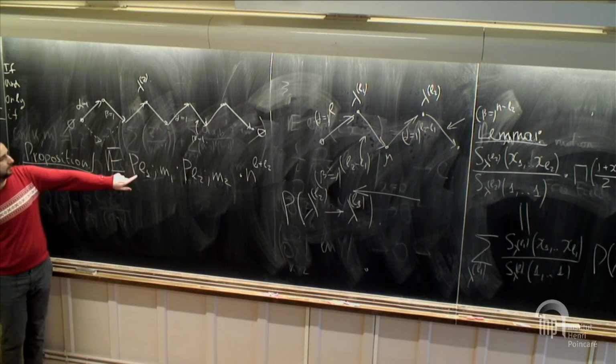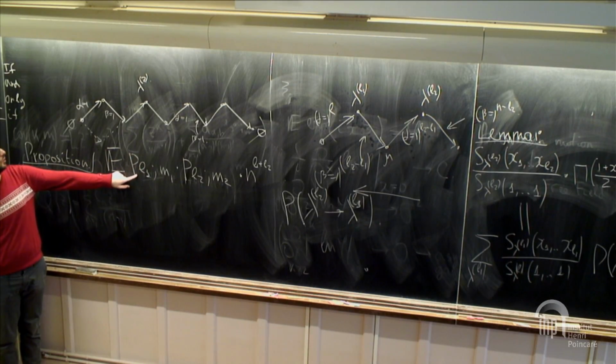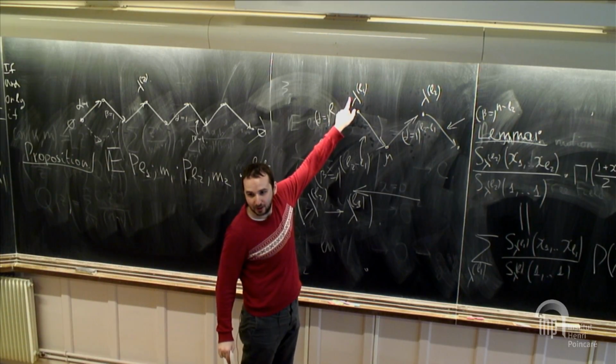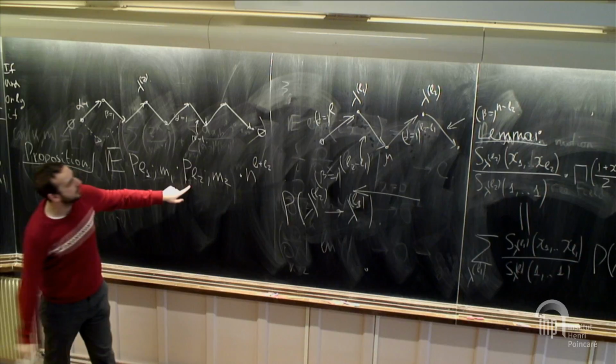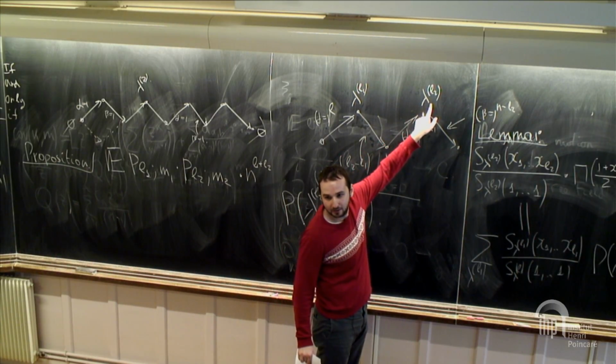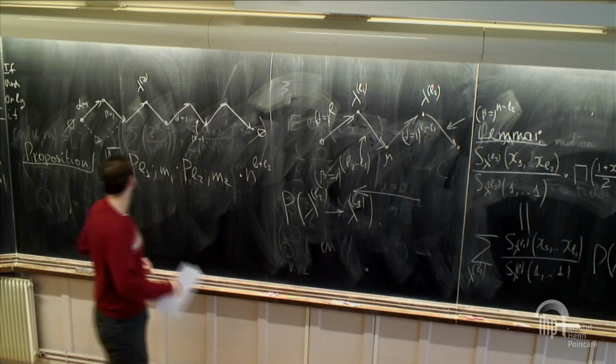In other words, it is a power sum, which is a sum of the coordinates of this guy raised to the power m. So the same power sum as we had before.